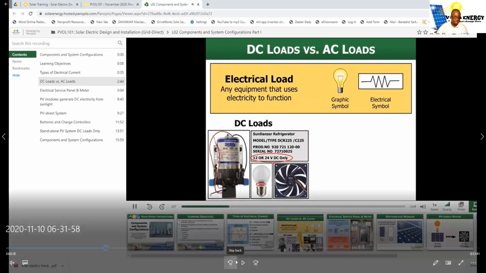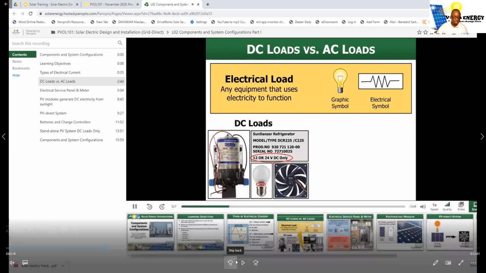Now, a DC load could also be a pump. There are pumps that pump water on the farm, for people that have farms, and fans that need to blow, whatever they may use them for. You have some components that use DC load.